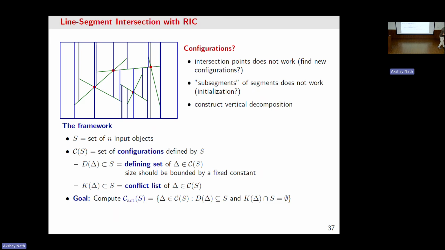It could be 1, right? So if I have, for instance, in this picture, this trapezoid here has a defining set of size 1. We can have 2, we can have 3. What's the largest one?